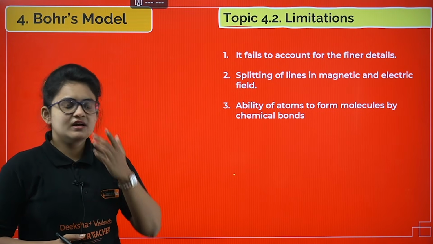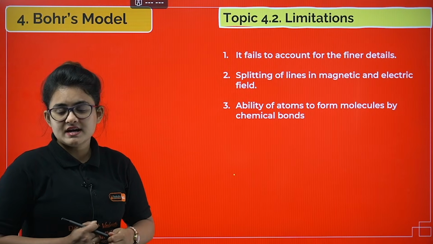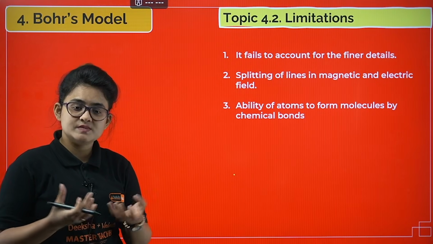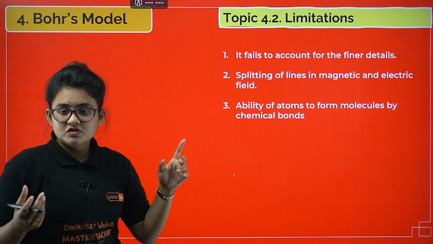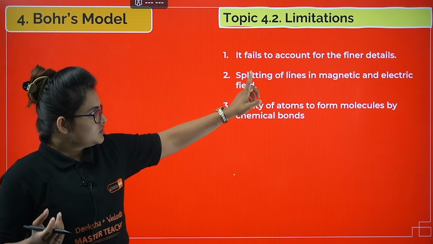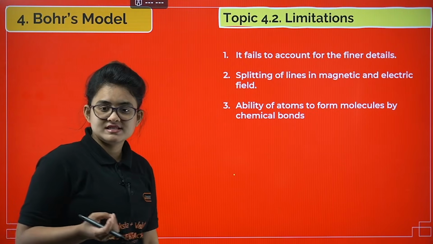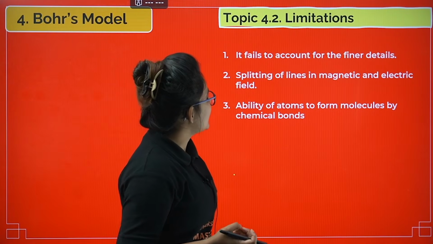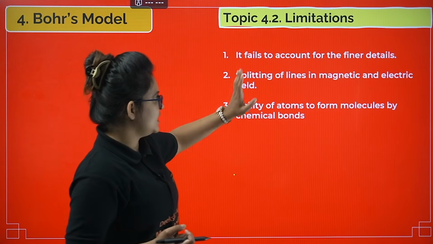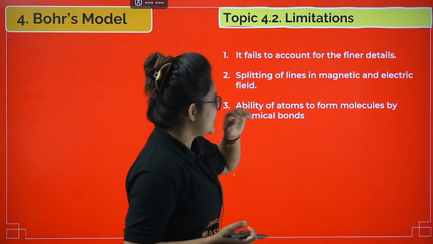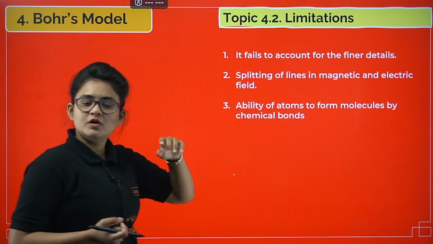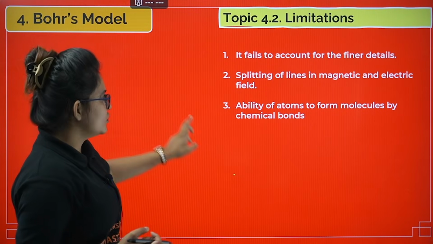In the electrical field the splitting is called the Stark effect, and in the magnetic field it is called the Zeeman effect. Bohr's model could not explain the Zeeman effect and the Stark effect, the splitting of lines in magnetic and electrical fields. The ability of atoms to form molecules by chemical bonds also could not be explained by Bohr's model.